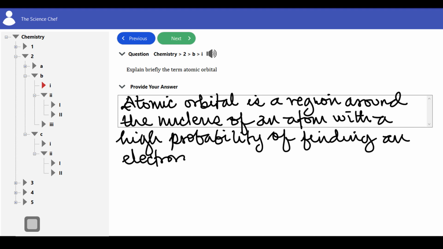So atomic orbital is a region around the nucleus of an atom with a high probability of finding an electron. Alright, so let's move on to the next question.